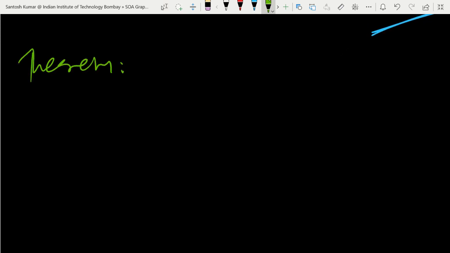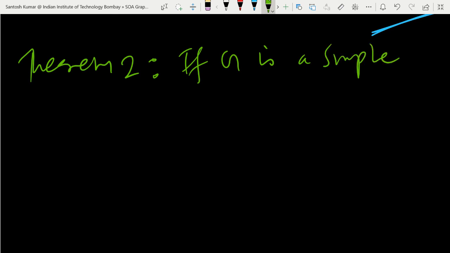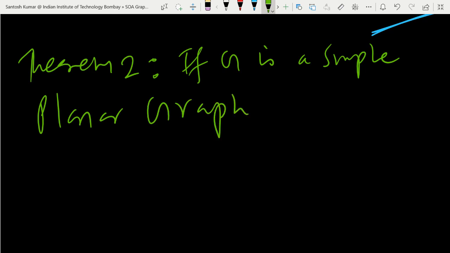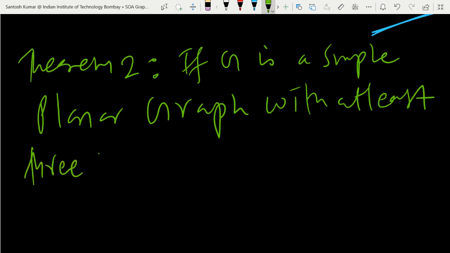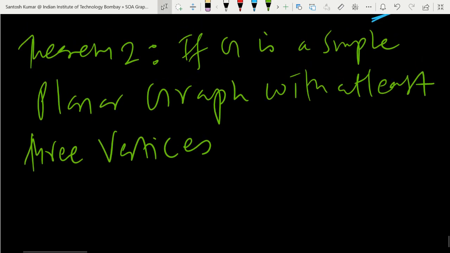The next theorem is, we call it theorem 2. If G is a simple planar graph, so G is a simple planar graph with at least 3 vertices.